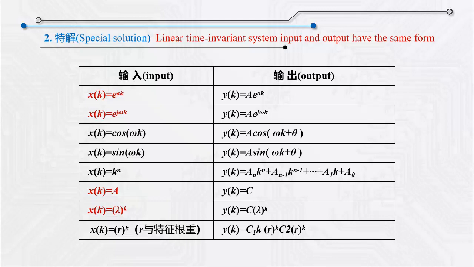In this table, what we want you to be familiar with are the four forms marked in red. I want you to compare the input with the output. In our course study, the frequency of these four forms is relatively high. Let's do a specific example.